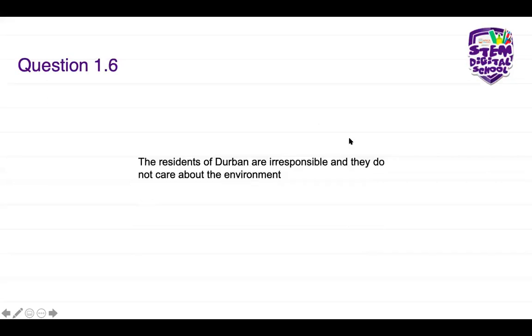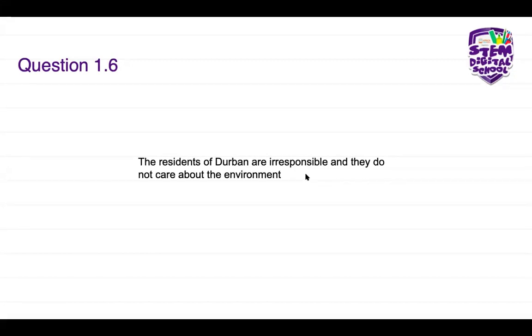She says that the residents of Durban are irresponsible and do not care about the environment. So that's what it would imply. Remember the question asks what those comments in paragraph 5 actually imply about the residents of Durban.